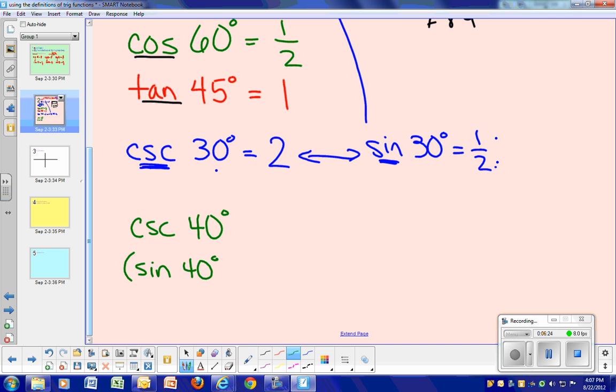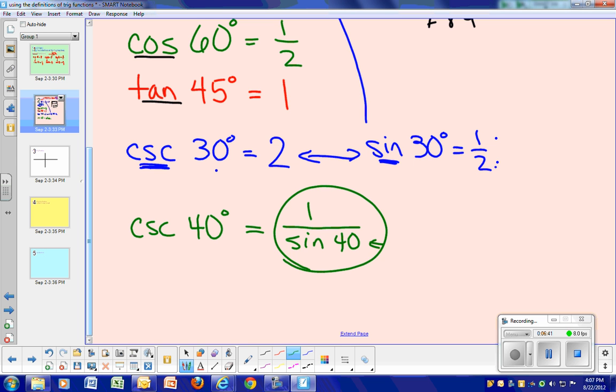So that is equivalent, in one step, to doing this. This means the reciprocal of the sine of 40. You take the sine of 40 and then you flip it to be on the bottom instead of on the top. Well, that you can put right into your calculator. You can type 1 divided by sine, sine button, 40, and equals.